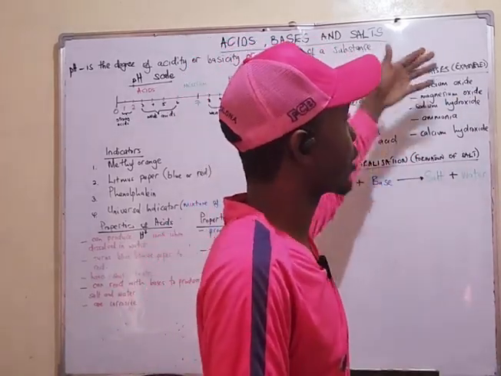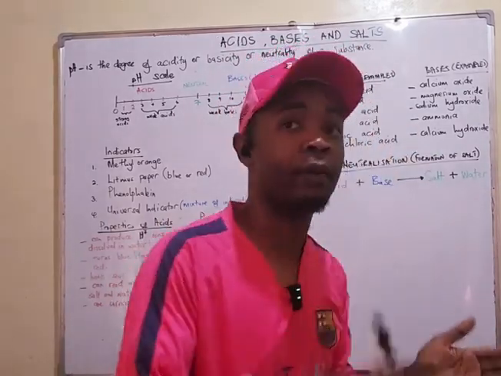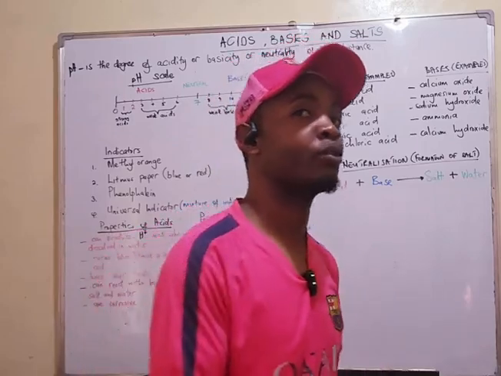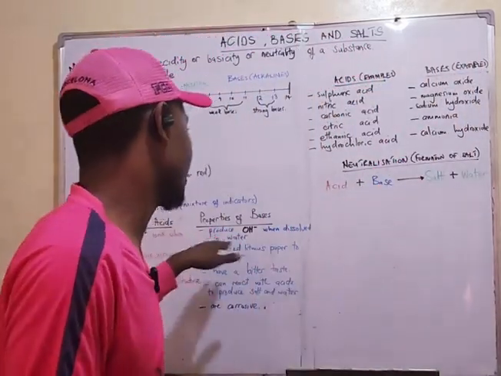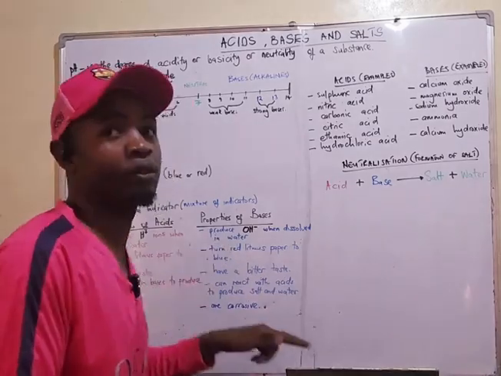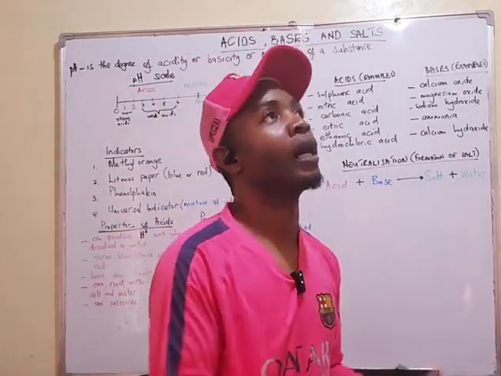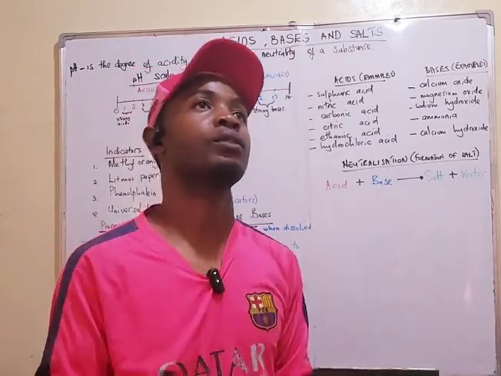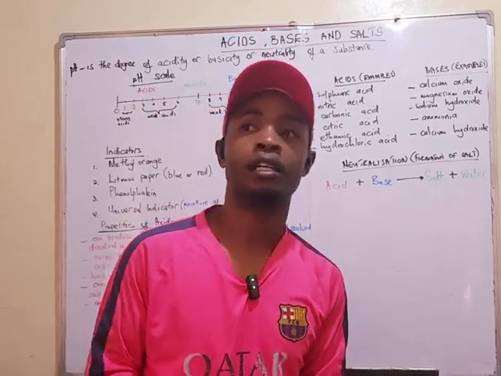So we have the metal oxides that are said to be bases, and we also have the metal hydroxides that are said to be bases. But the bottom line is that all the bases behave in the same way, meaning they produce hydroxide ions when dissolved in water.